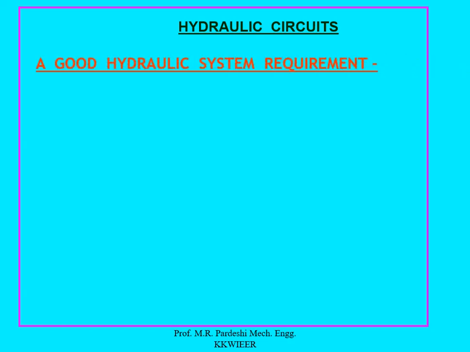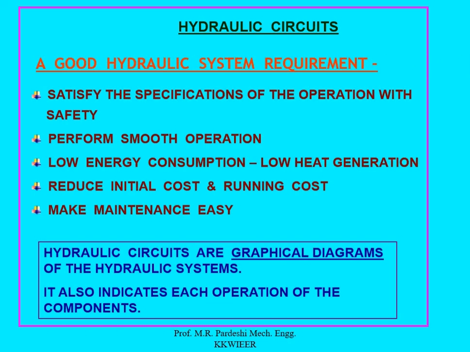A good hydraulic system, what should be required? First is to satisfy the specification of the operation with safety. Means whatever the task is, based on that we need to design that particular system to satisfy these specifications. Then second one is to perform smooth operation while using this particular design or machine in the industrial application.